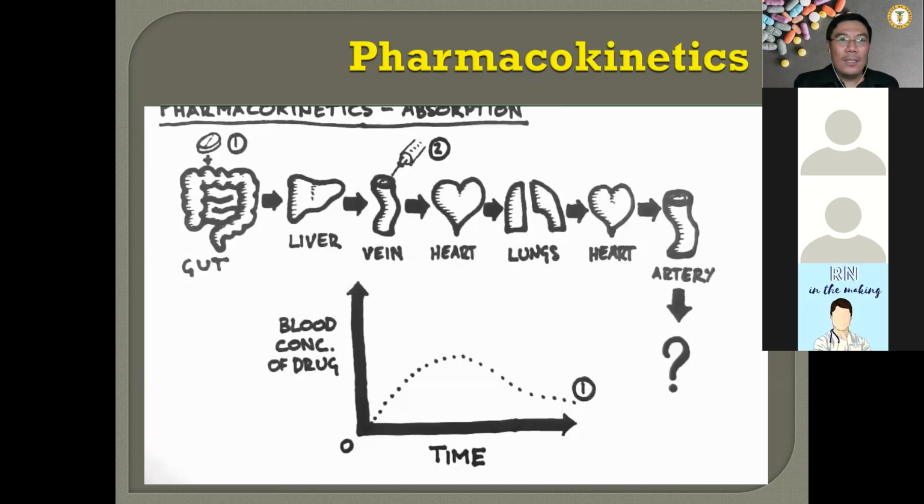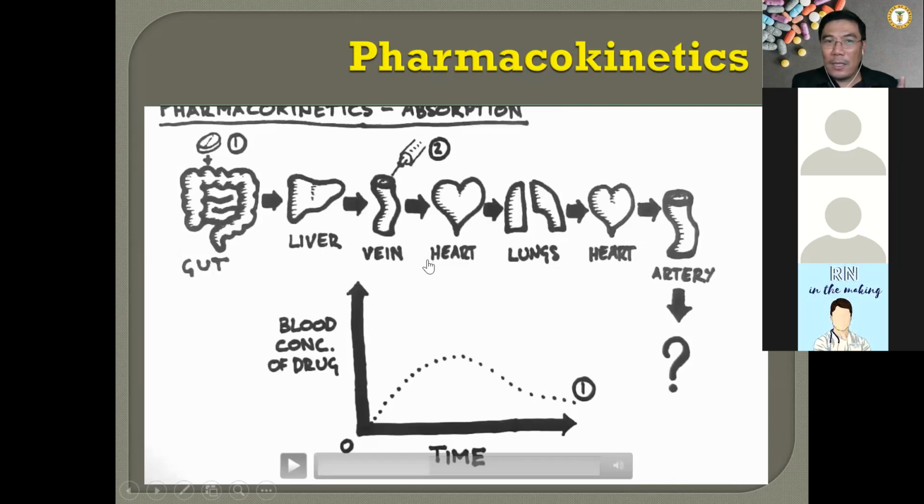Why? Right? The oral drugs pass through the gastrointestinal tract. So from the stomach to the intestine, then absorbed. Now gut, liver, so first-pass effect.